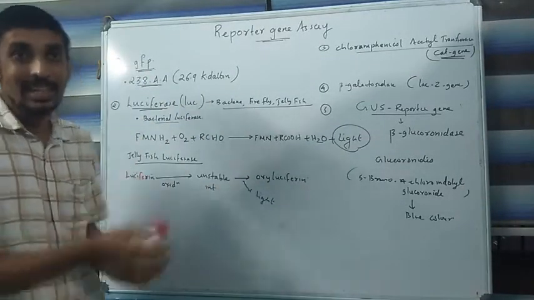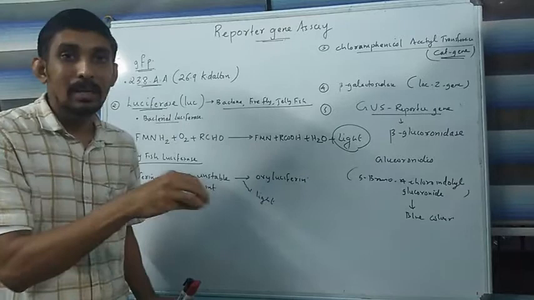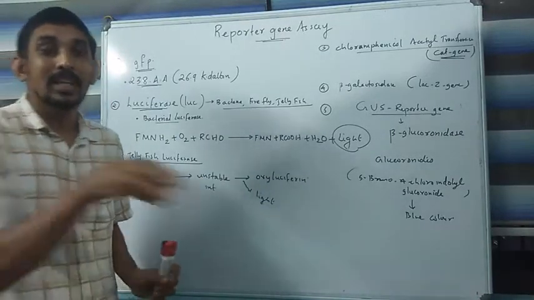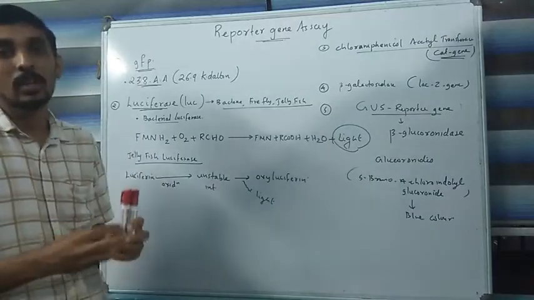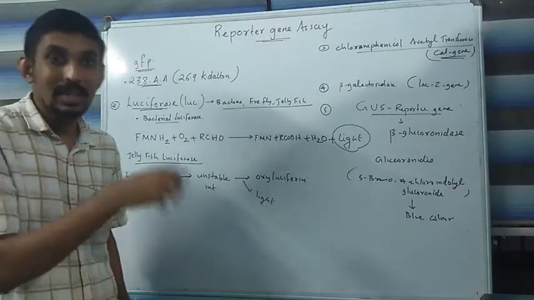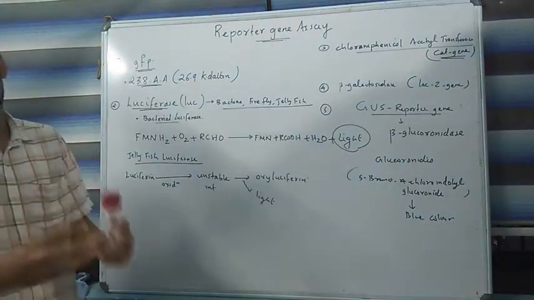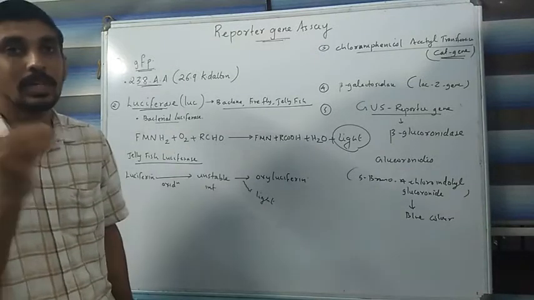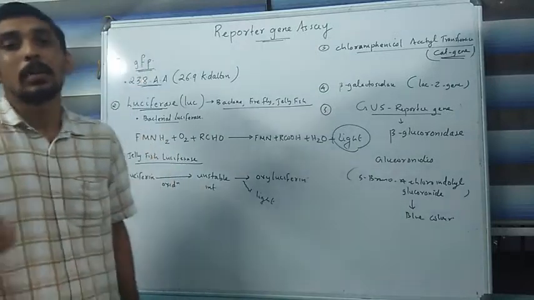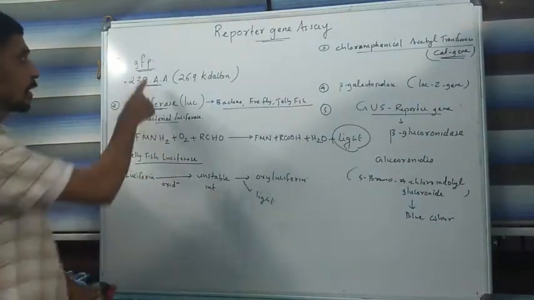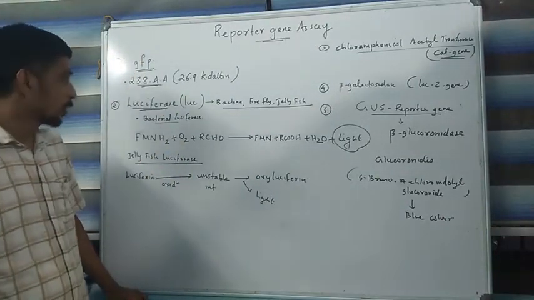When we tag this gene along with a foreign DNA, after that foreign gene enters the cell, it gives green fluorescence. So we can easily detect it with the help of our naked eye or using small microscopic instruments. That is the main feature of this green fluorescent protein.